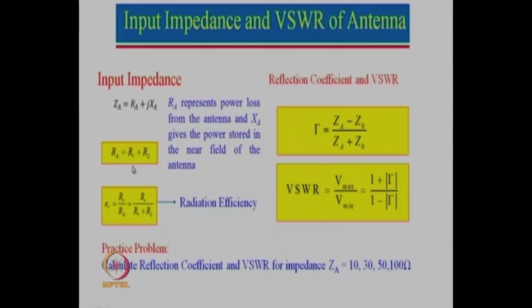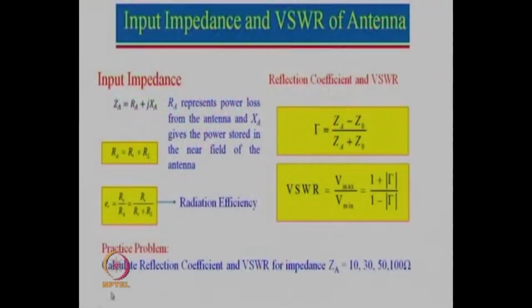So, this is not really a real resistance. When we talk about a 50 ohm impedance of an antenna, it is not that the resistor is 50 ohm, it is just a representation of radiated power in terms of either voltage or current.